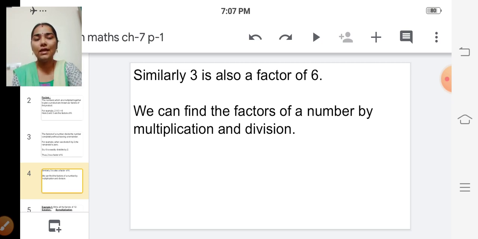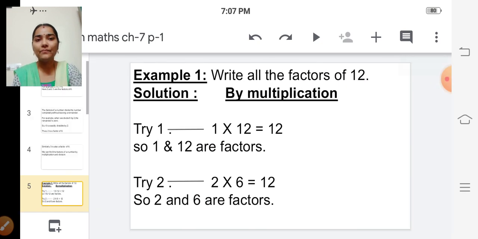So we shall see some problems. Example: write all the factors of 12. So we are going to find all the factors of 12. First, by using multiplication we shall find the factors of 12, and then by using division we shall find out the factors of 12.